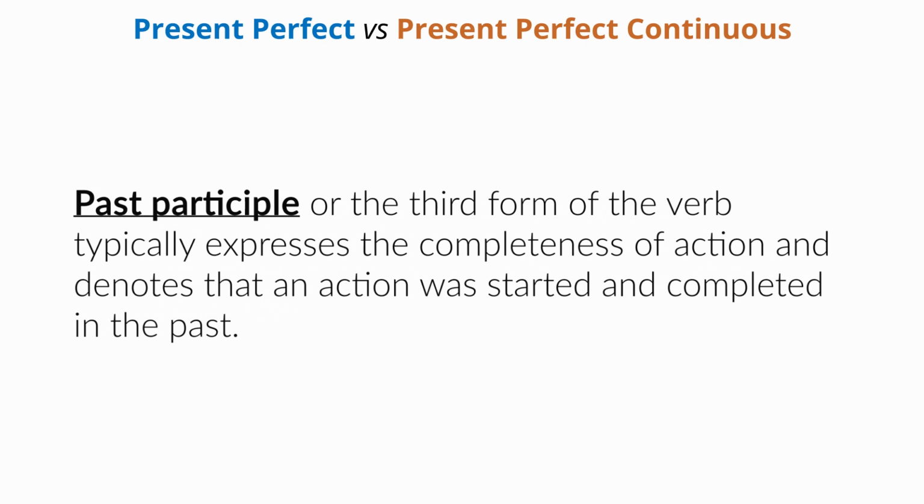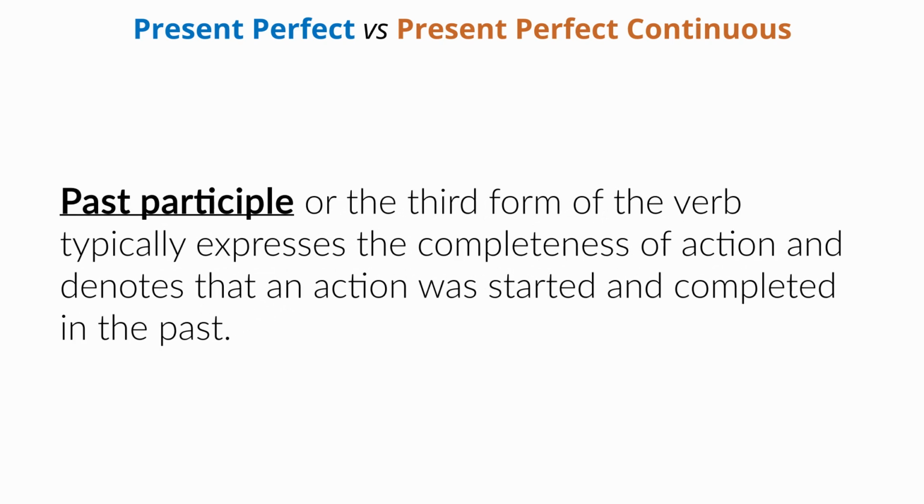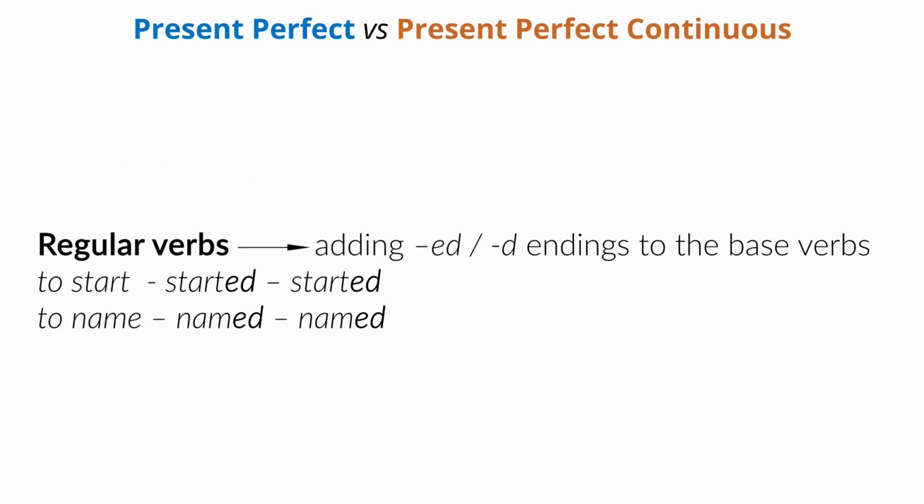Now, let's look at the two grammatical forms of verbs that are used in these example sentences. Past participle, or the third form of the verb, typically expresses the completeness of action and denotes that the action was started and completed in the past. Without a doubt, many students are already familiar with such grammar concepts in English as regular and irregular verbs.